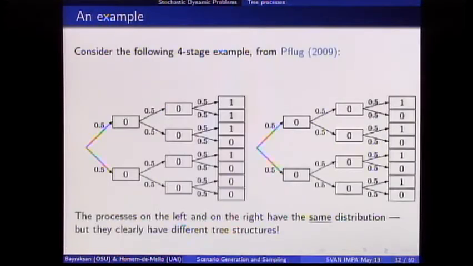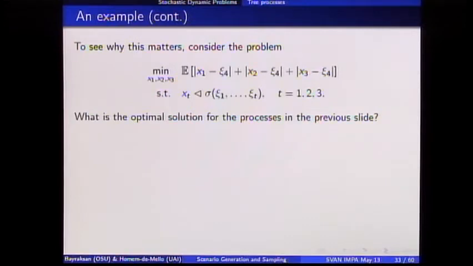That although these two processes were probabilistically identical, when you try to solve this problem, they actually give different solutions. That's the message. Even though we started with two processes that are identical from the probabilistic perspective, the solution of the optimization problem was different in either case.